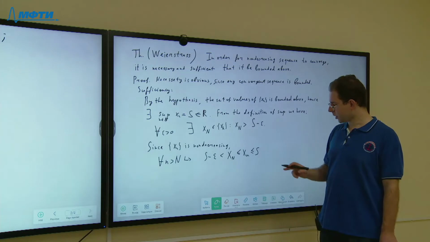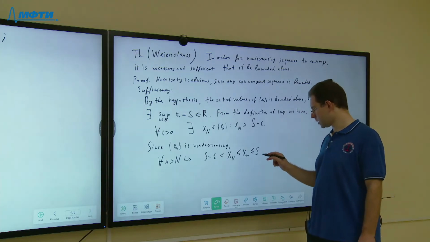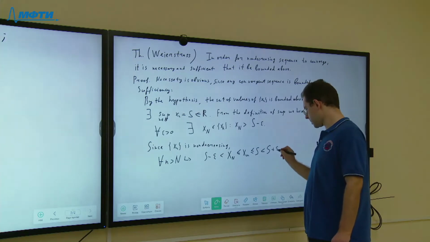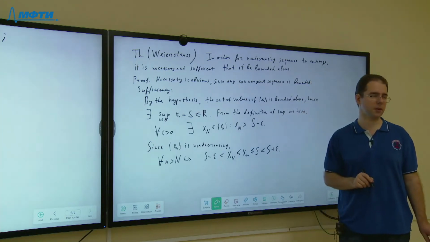And then let me write down that S is smaller than S plus epsilon. Epsilon is a positive number, so this is true.